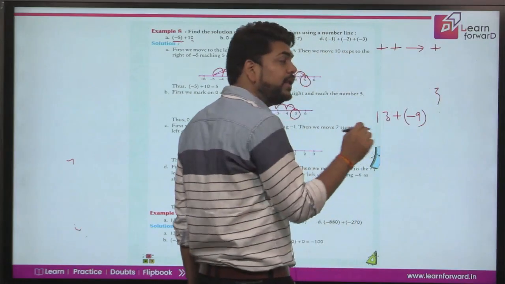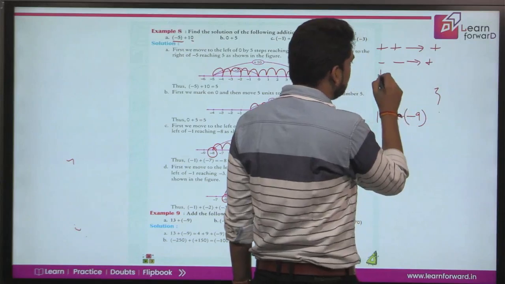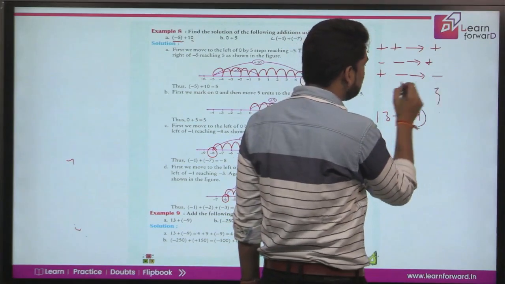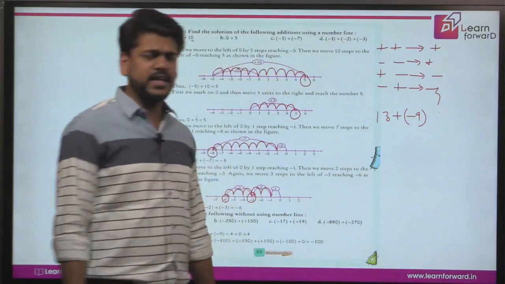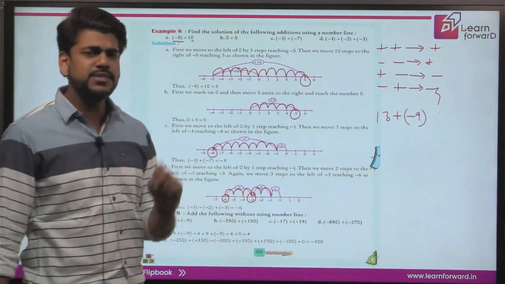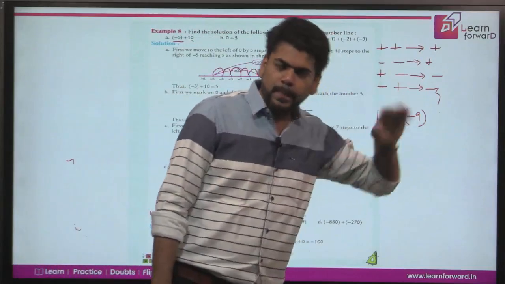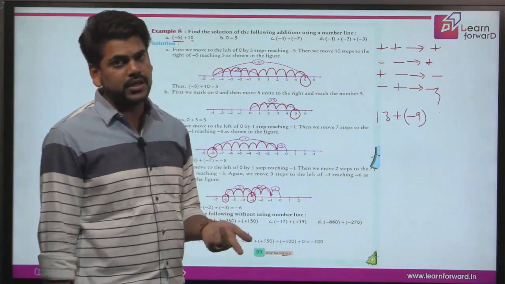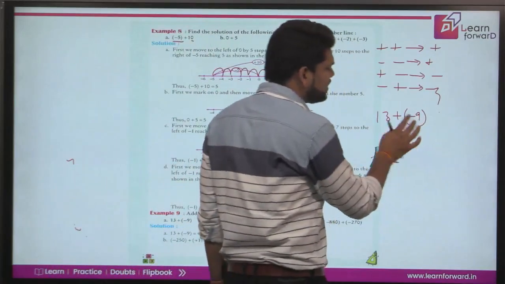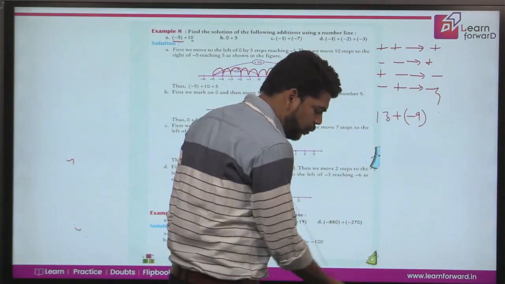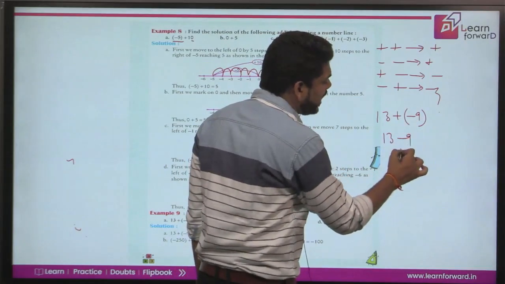Whenever we are opening the bracket, minus minus is also plus. Plus minus is minus. Minus plus is minus. Do recall these things. Whenever the same signs are there, the bracket will open and the answer will be positive. But whenever the signs are opposite, you open the bracket, the answer will be negative. Now in this question plus minus, since the signs are different and I am opening the bracket, the answer will be negative. Then 13 minus 9, answer is 4.